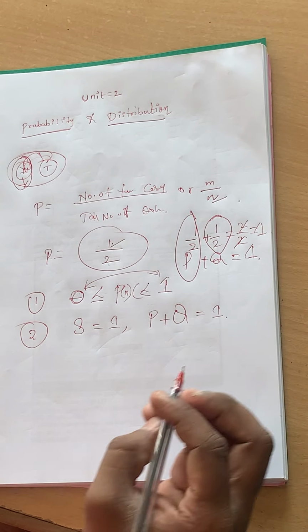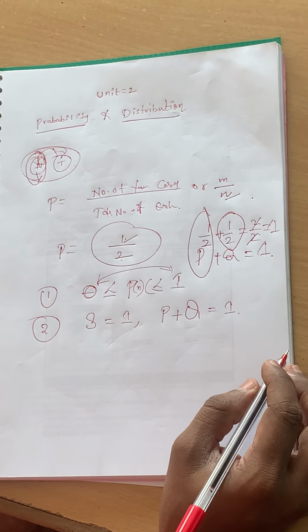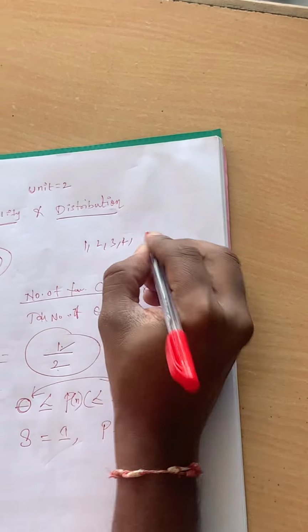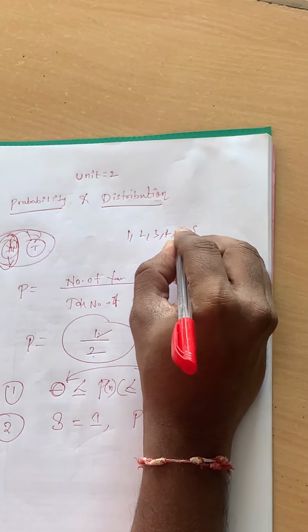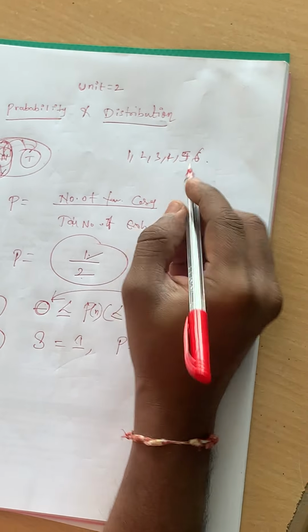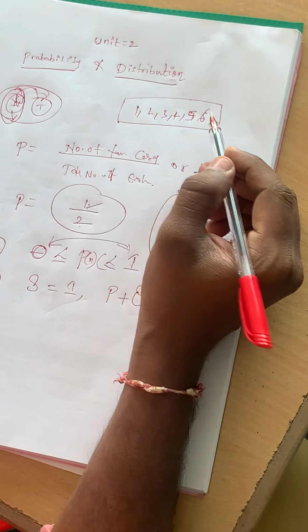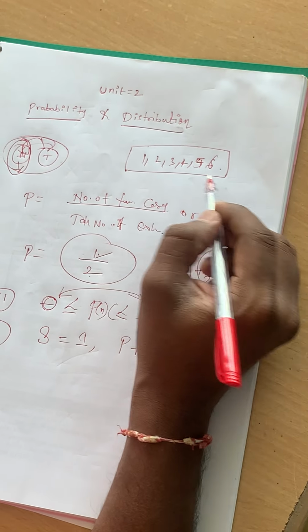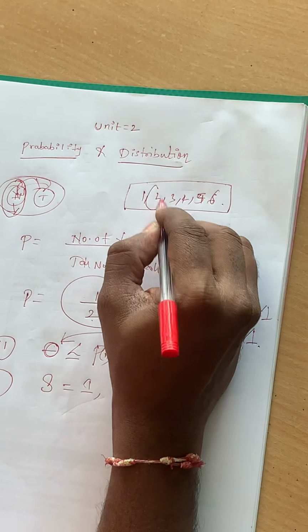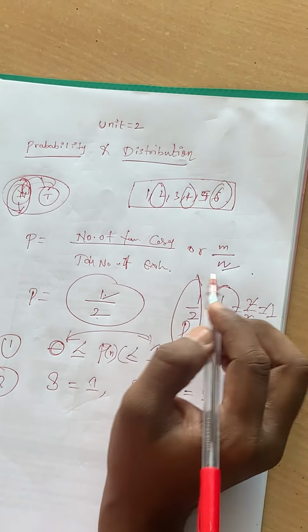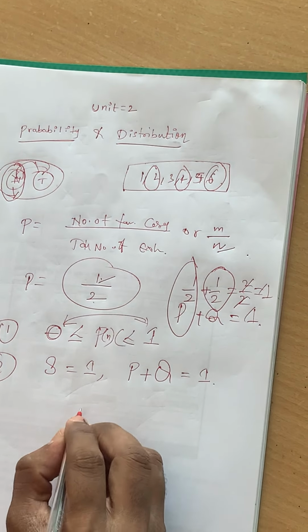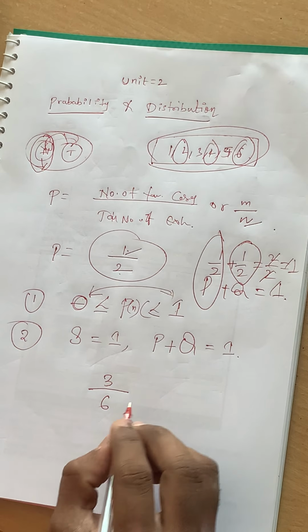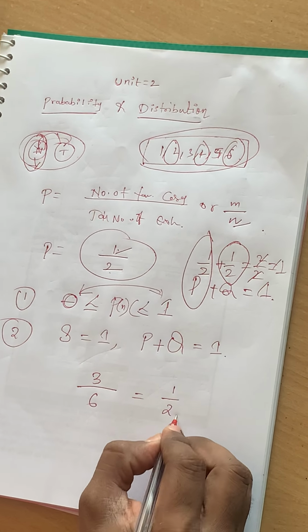For example, throwing a die: in a single die the total number of faces is 6, that is 1 2 3 4 5 6. Getting an even number is my favorable case. The even numbers are 2, 4, 6, so my favorable cases are 3 out of 6. Here the probability value is 1 by 2.